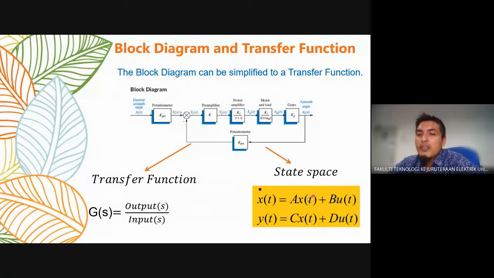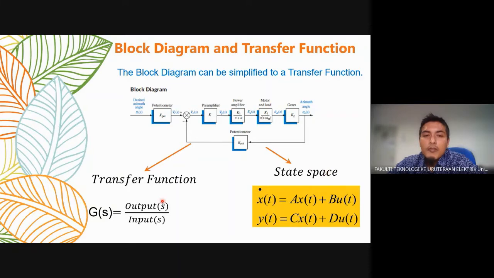The state space is an equation. Okay, equations. You can see the difference between control 1 and control 2. This is the block diagram. The system is modeled to a transfer function for control 1. For control 2, the block diagram is modeled to a state space form.